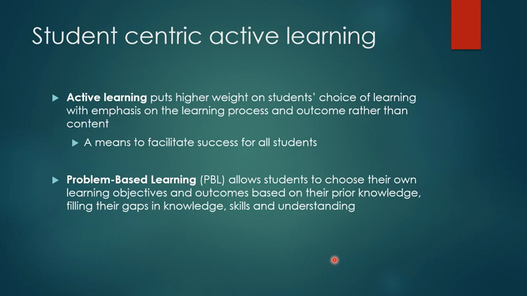A way to achieve active learning is through problem-based learning, which allows students to choose their own learning objectives and also outcomes based on their prior knowledge, filling their gaps in knowledge, skills, and understanding. And this is something that we will revisit in our case study later.